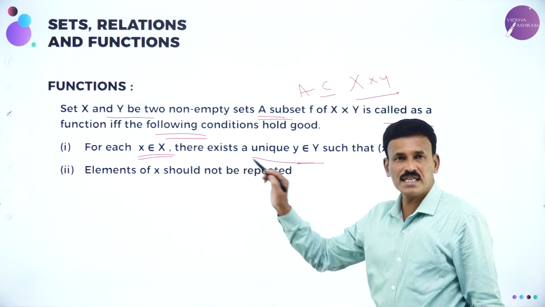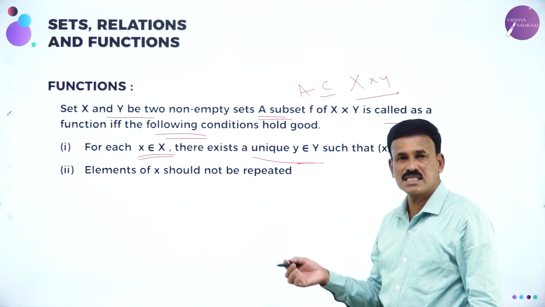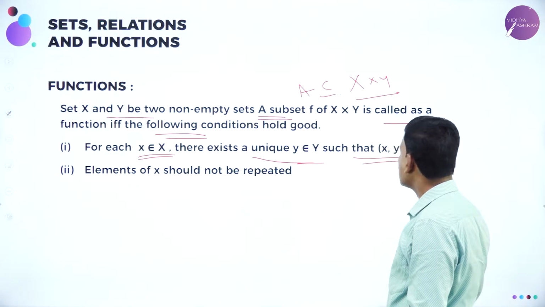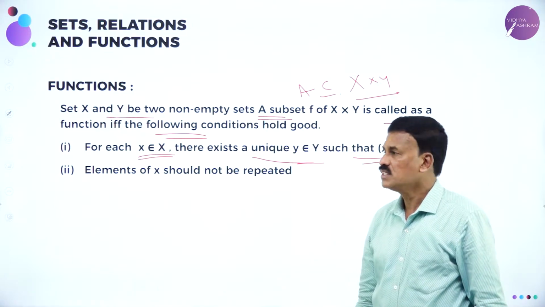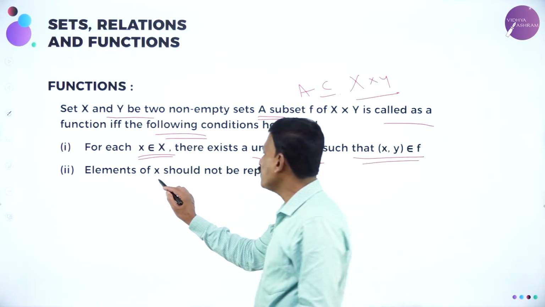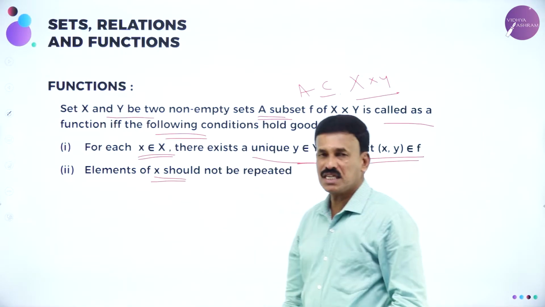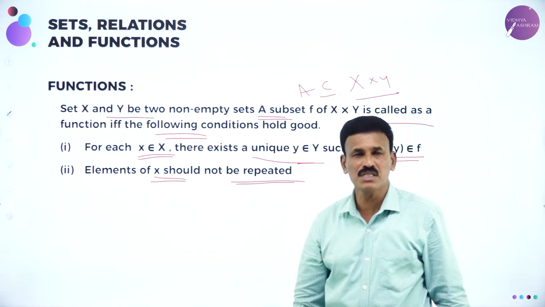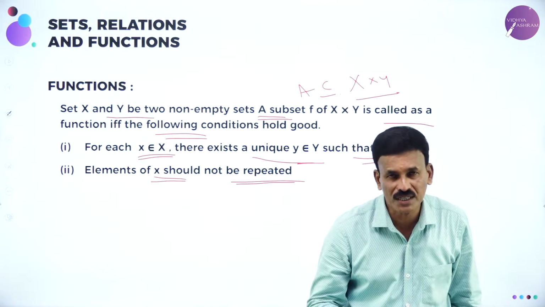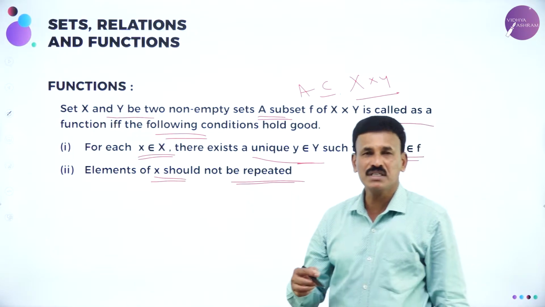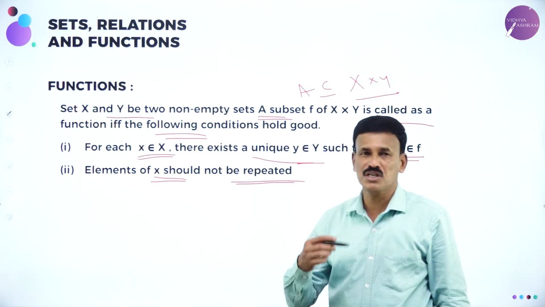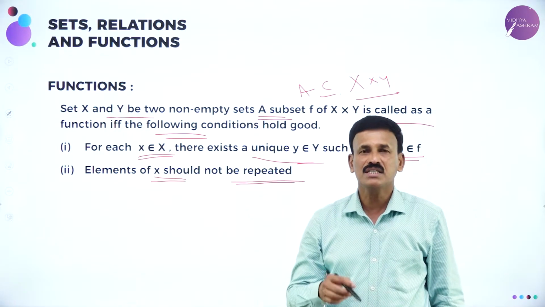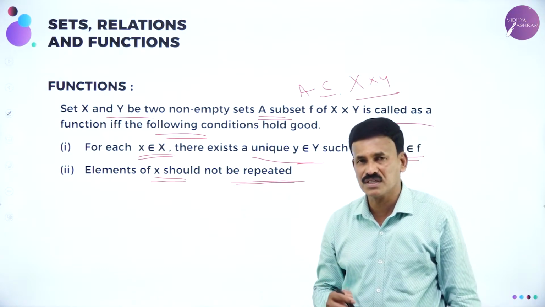And also, the first element of the set X should not be repeated, that is, it should not be used more than one time. If these two conditions are satisfied, then f from X to Y is called a function.